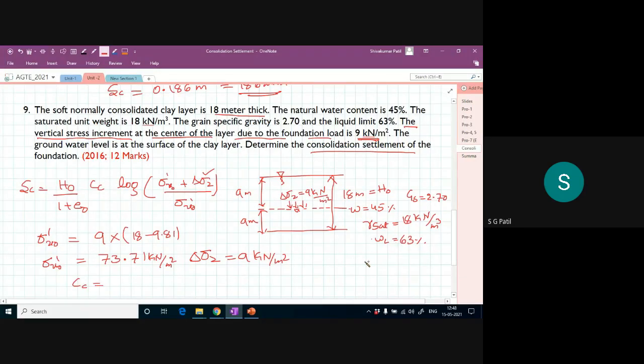Because they have given the liquid limit, CC is 0.009 into my liquid limit minus 10. Here the liquid limit should be in terms of percentage only. So that is equal to 0.009 into liquid limit.